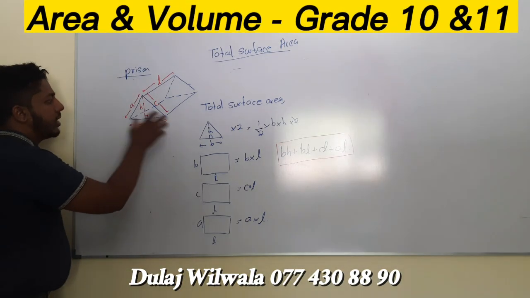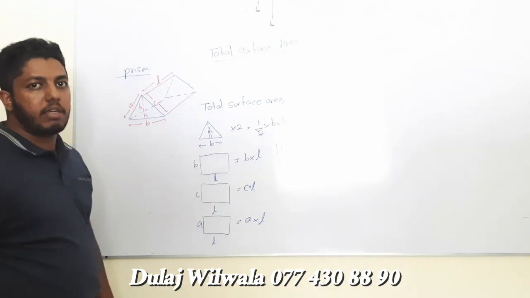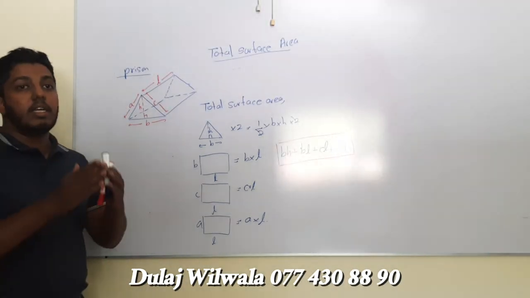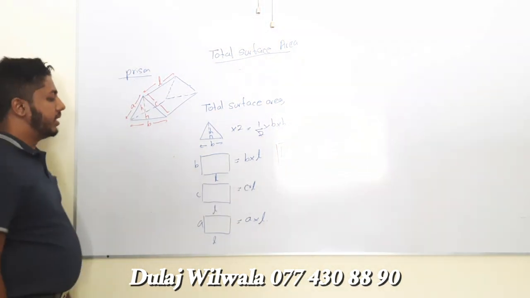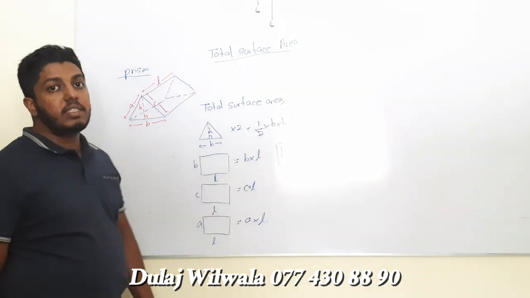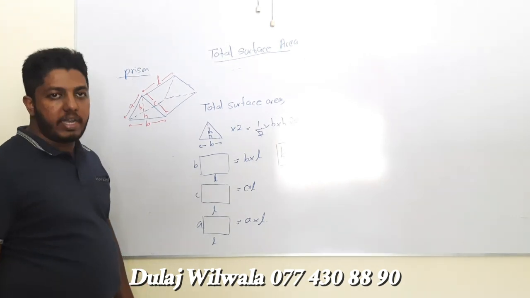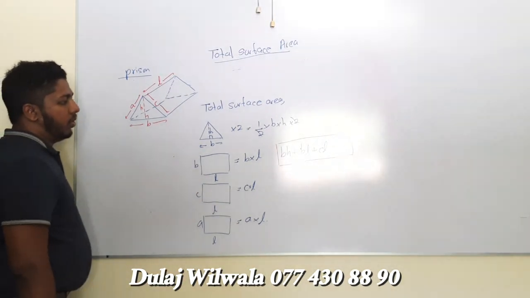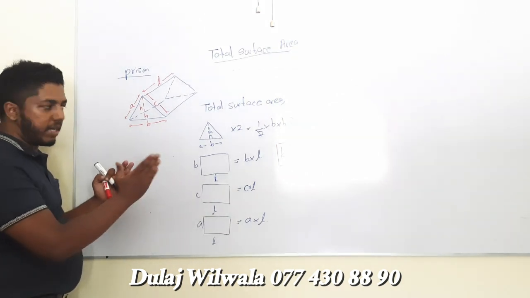Then two of the rectangles become equal. Let's say it's an equilateral triangle where the three sides are equal. Then all these three rectangles will have the same area, right? So this is just the basic equation.